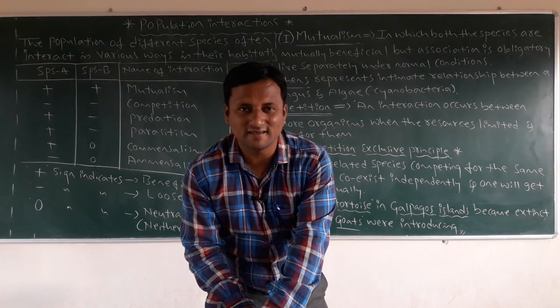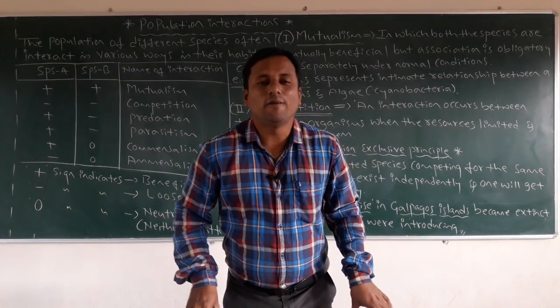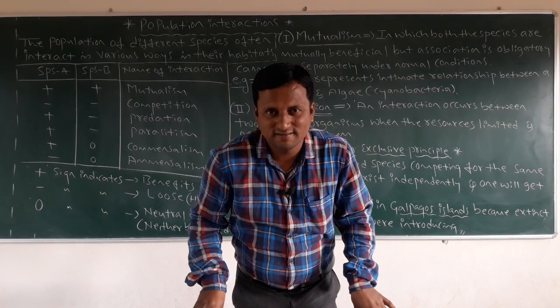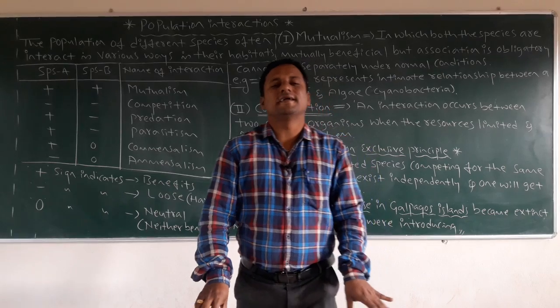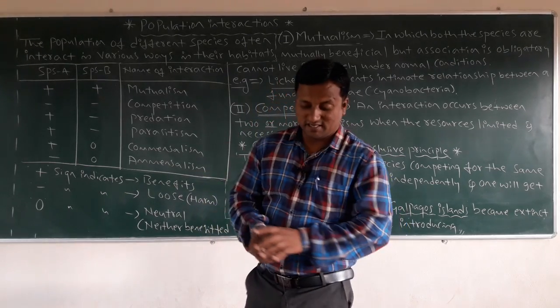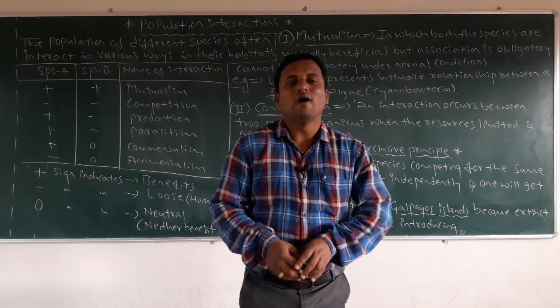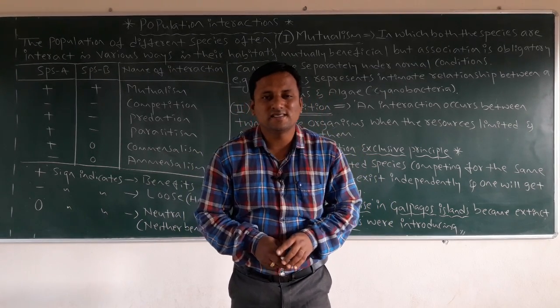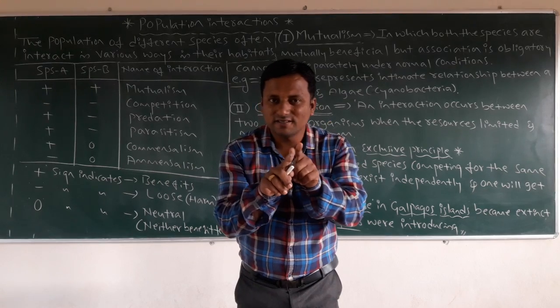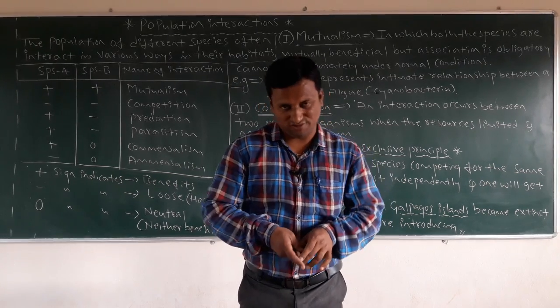Today in class we discussed the concept of population interaction in the chapter Organisms and Populations. Population interaction reveals how organisms interact with one another for the purpose of food.